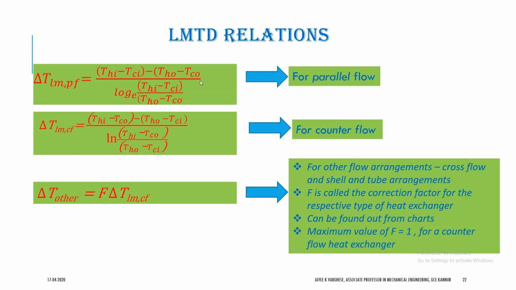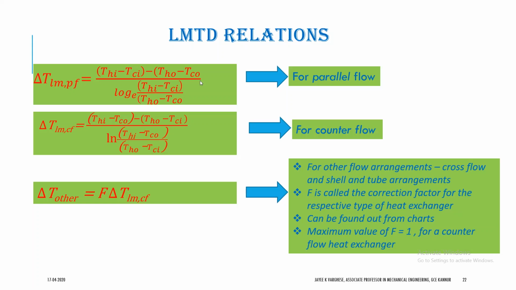So there are 4 temperatures: inlet and outlet temperatures of hot and cold fluids, Thi, Tci, Tho, and Tco. For counter flow, parallel flow, or any other type of heat exchanger, we can calculate the LMTD provided all the 4 temperatures are known. The outlet temperatures can be calculated using the m Cp delta T relationship.